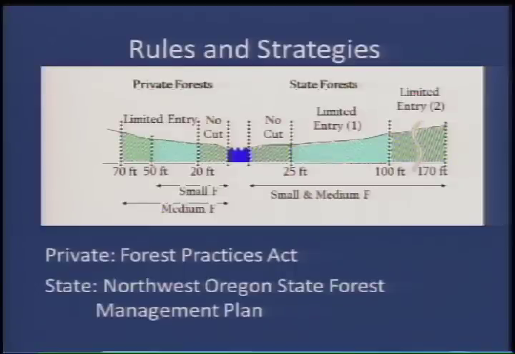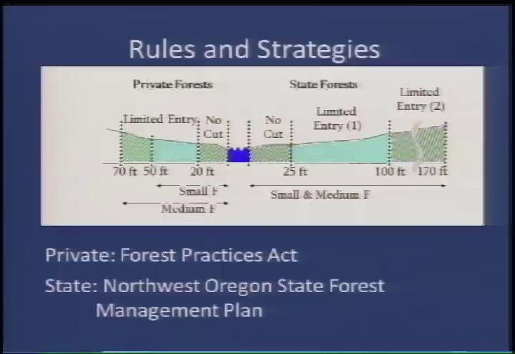On the other side, you'll see state forest. And state forest must follow the Forest Practices Act as well. However, they have some different management objectives, including timber harvest. And so to meet these multiple objectives, they have a 25-foot no-cut buffer on small and medium type F streams, and a 100-foot limited entry buffer, and there's two types of limited entry buffers here. The first is for ecological maintenance of these sites.